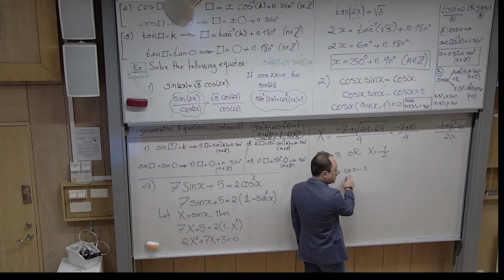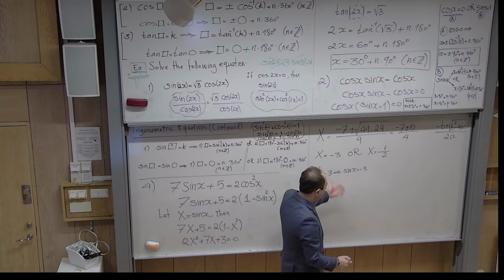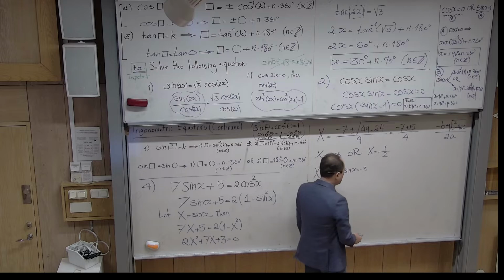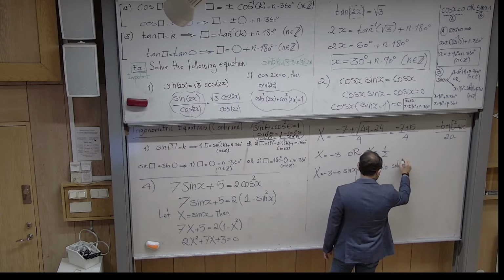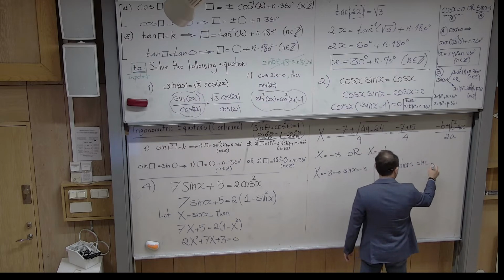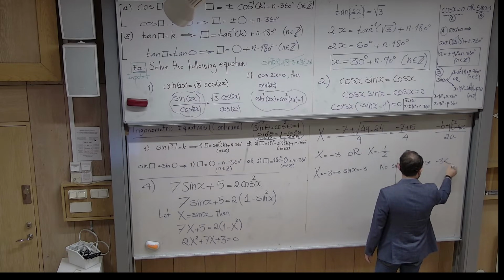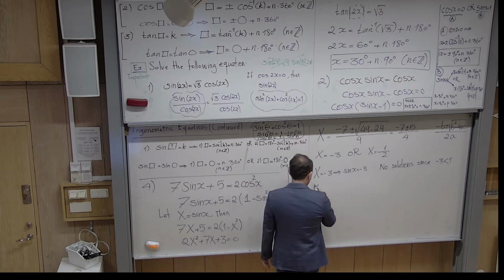If it was just tangent, you could solve it. But of course, this is not one of those famous angles. You just write tangent inverse of minus 3. But anyway, no solutions, since minus 3 is less than minus 1. Okay, and then X equals minus a half.